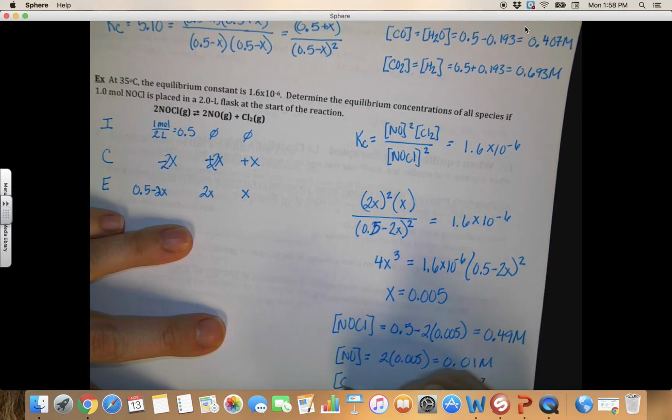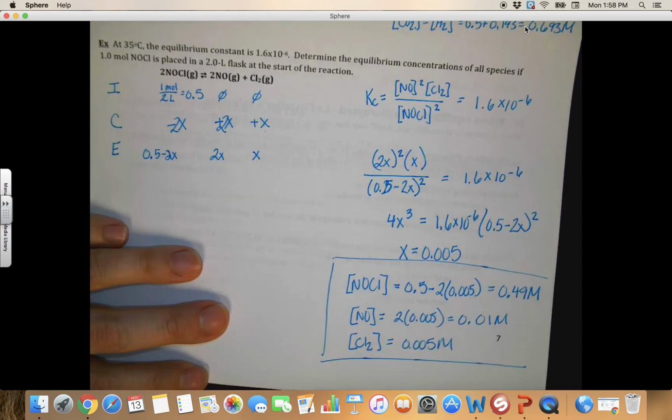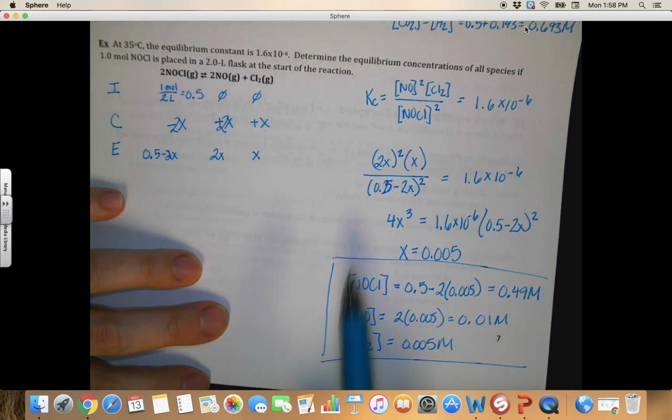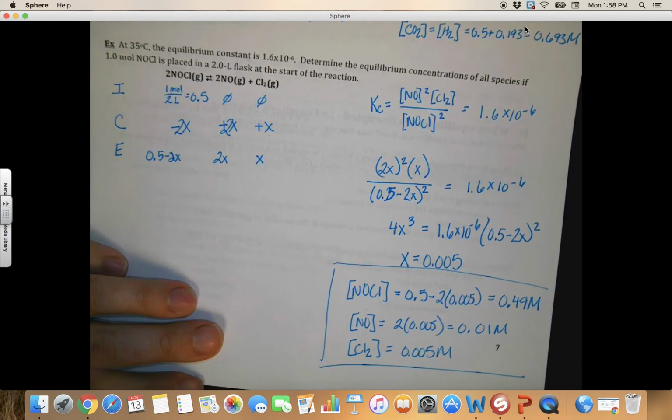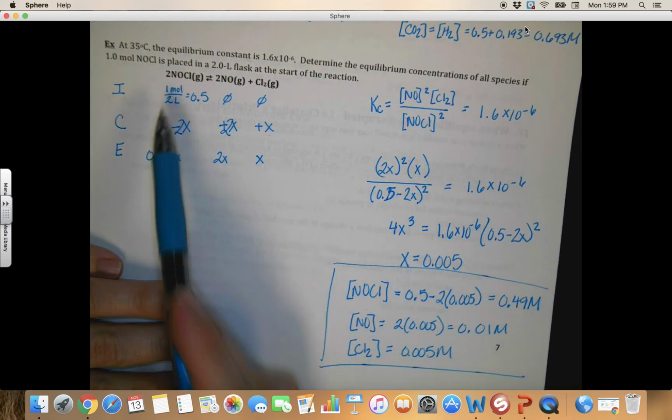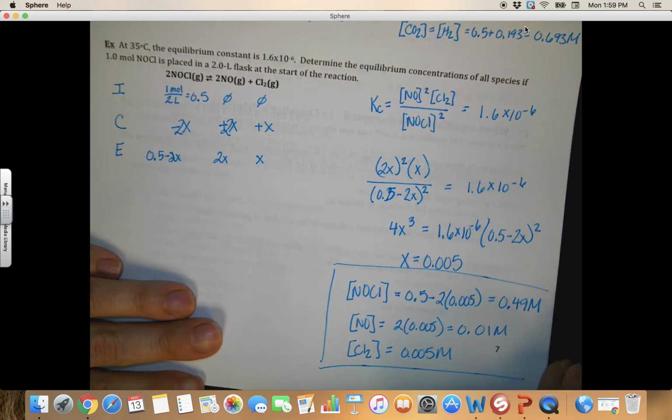And my concentration of chlorine is just going to be x, so 0.005. Okay, so here's my equilibrium concentrations. And this should make sense. Look at how small the equilibrium constant is. That means it really just barely proceeds to the right. This is a very reactant-favored reaction.